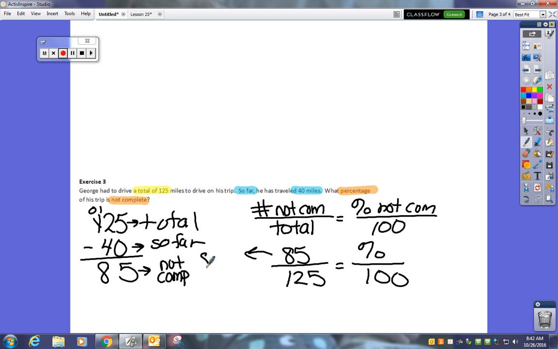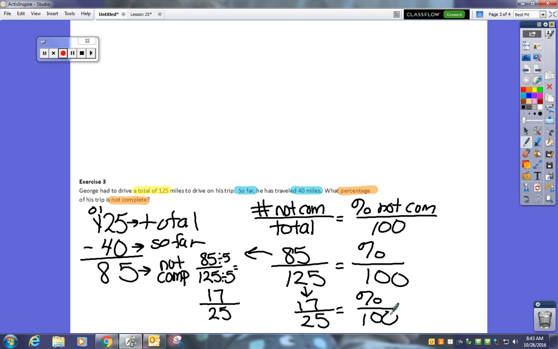We again need to simplify our 85 over 125 by dividing both of these numbers by 5. 85 divided by 5 is 17. 125 divided by 5 is 25. 25 goes into 100 4 times, so we would find our answer by multiplying 17 times 4 and getting 68% of the trip is not complete.